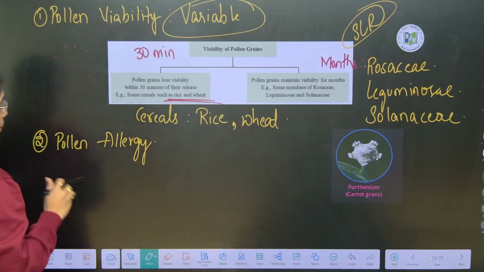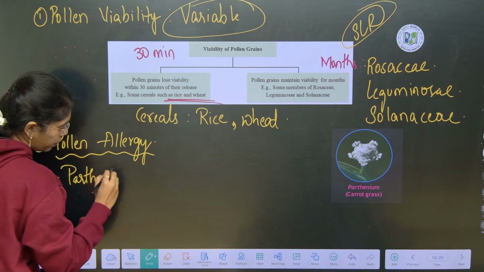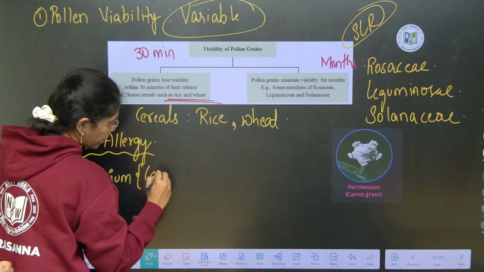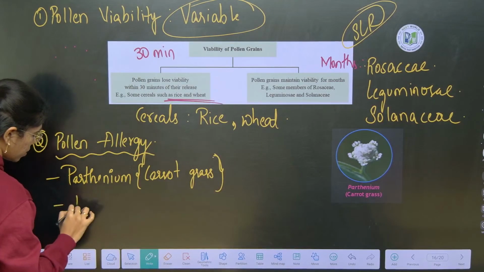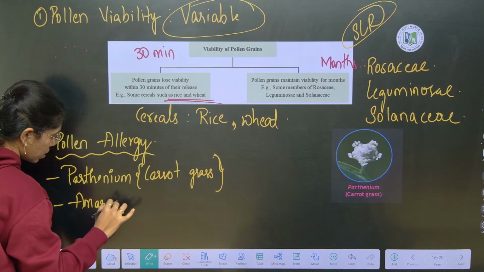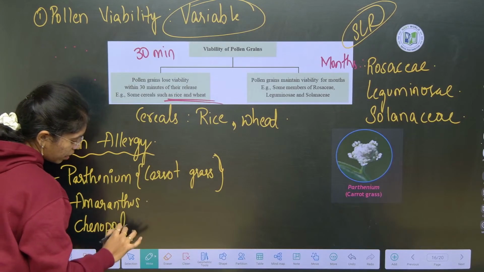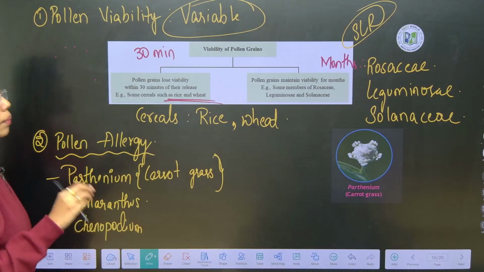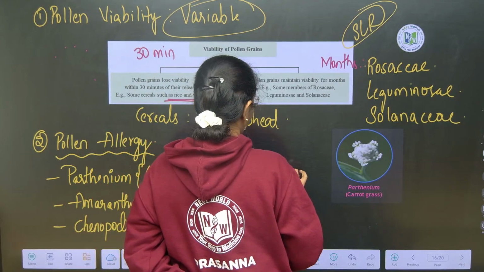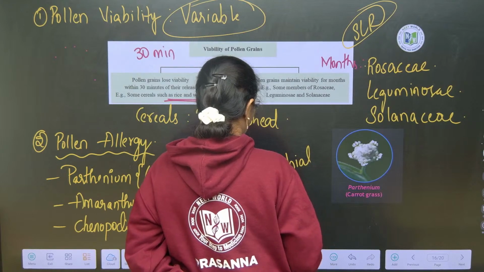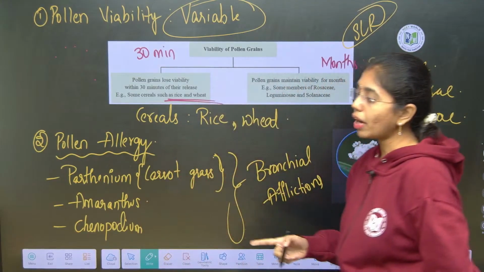For example, the pollen grains which are released from Parthenium, which is carrot grass, and Amaranthus and Chenopodium, will be allergic to most of the people, and may also cause bronchial afflictions. Fine, right? This is about pollen allergy.